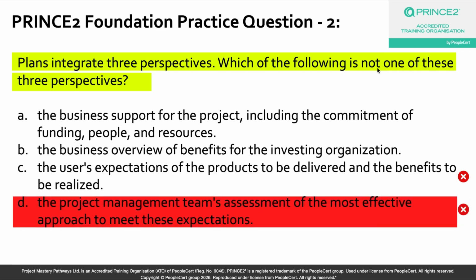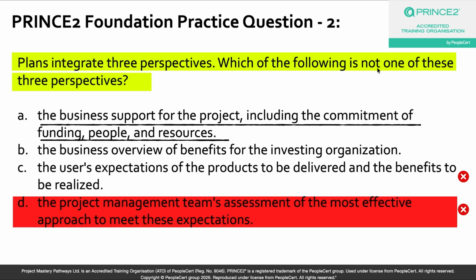So let's look at option A, the business support for the project, including the commitment of funding, people, and resources. And this is the third perspective, straight from section 7.1.1 of your PRINCE2 7th edition. So if you think about it, even the best user expectations and the most carefully crafted delivery approach mean absolutely nothing if the business does not commit to the money, to the people, to the resources to make it happen, right?